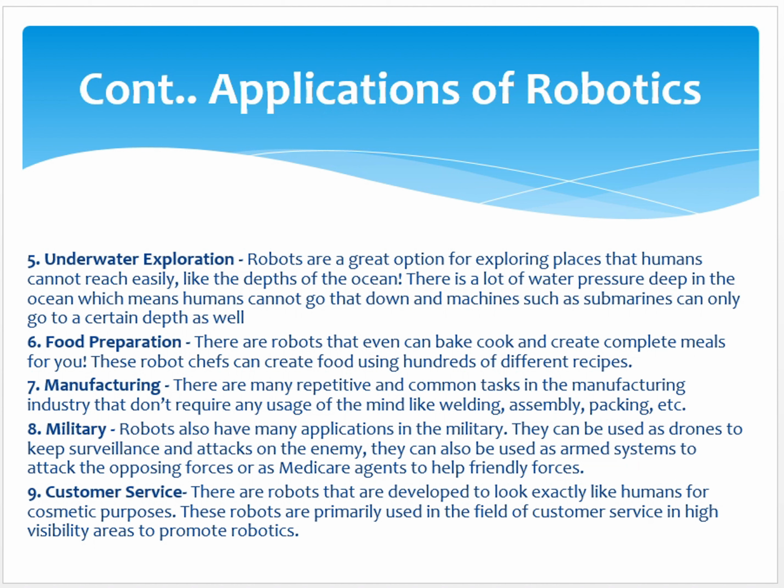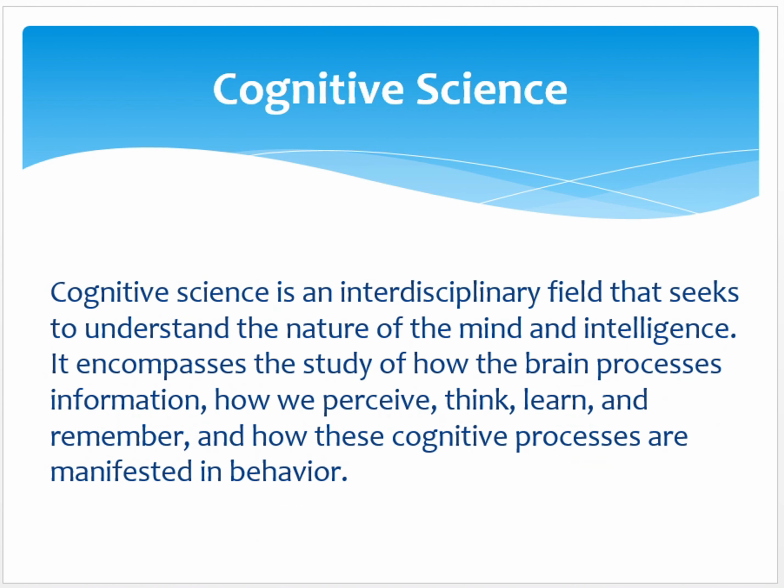The other thing we mentioned earlier was cognitive science. This is a field that seeks to understand the nature of the mind and intelligence, or how the brain processes information, how we perceive or think or learn.